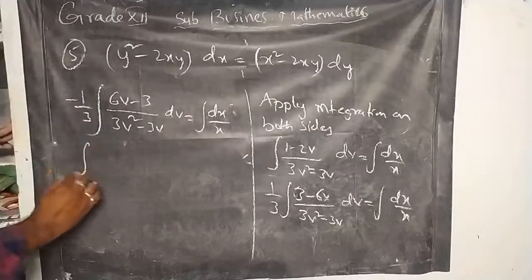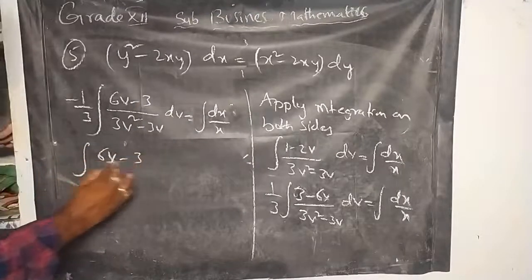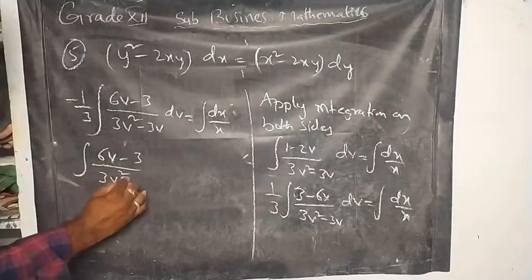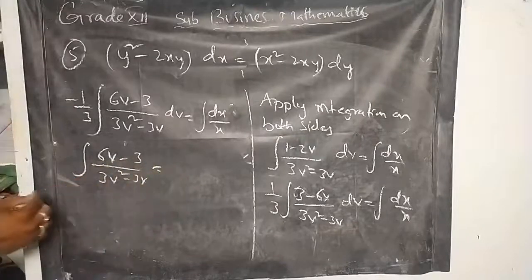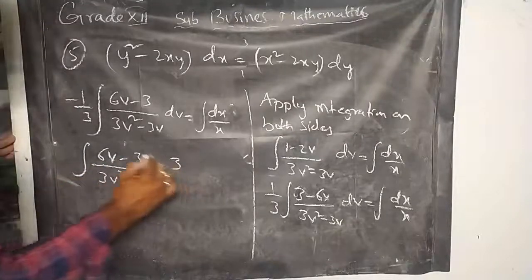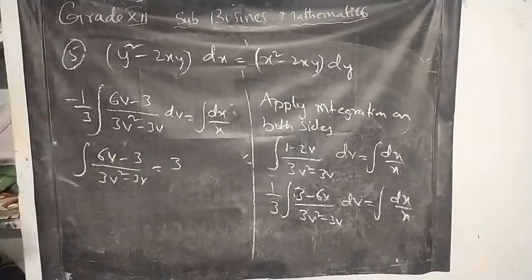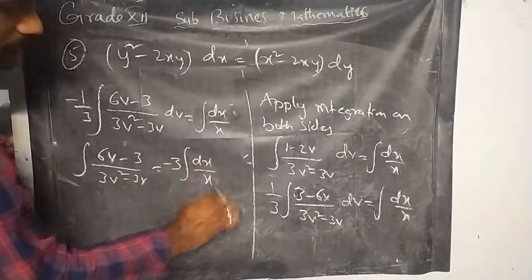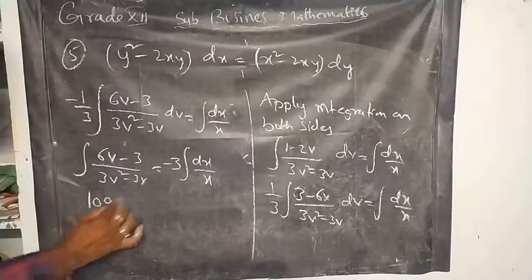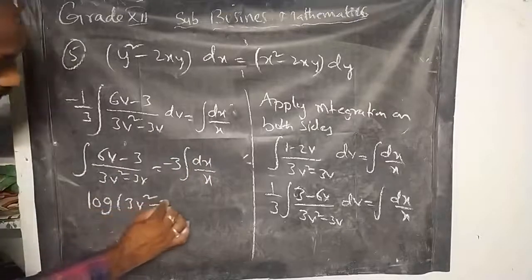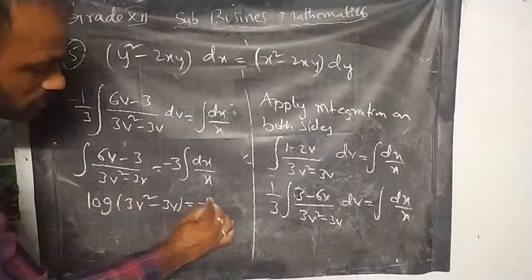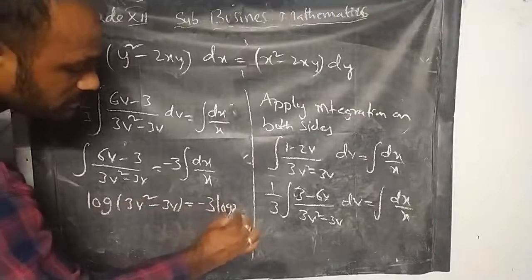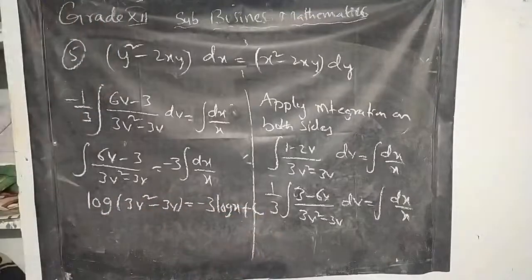So now let us write. Log of 3v square minus 3v is equals to minus 3 log x plus c.